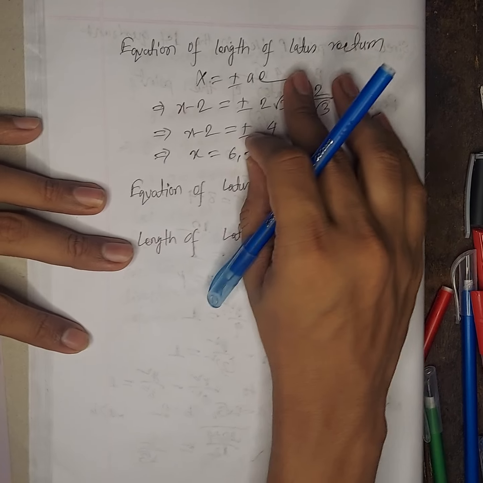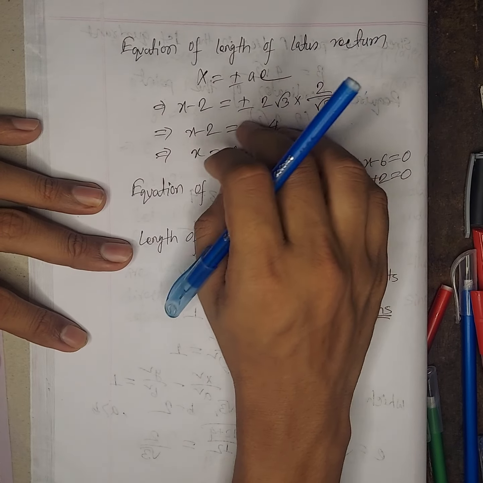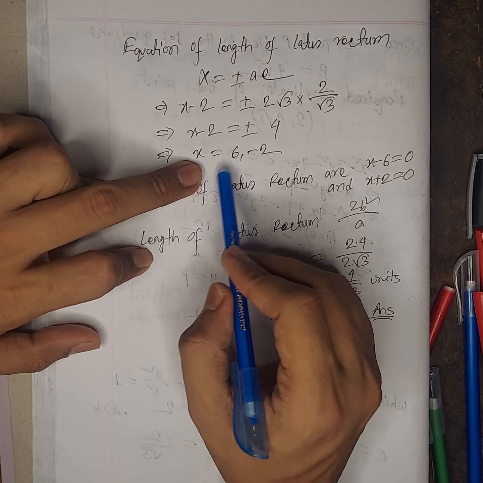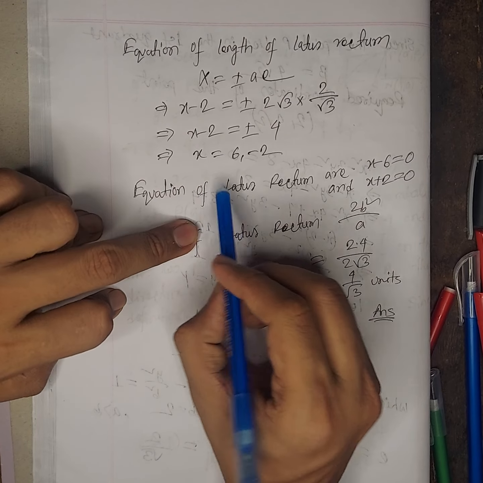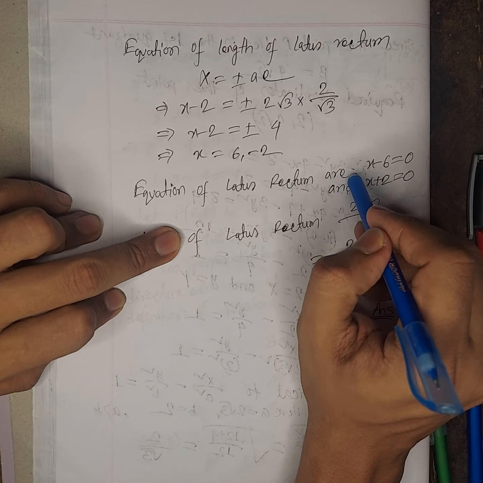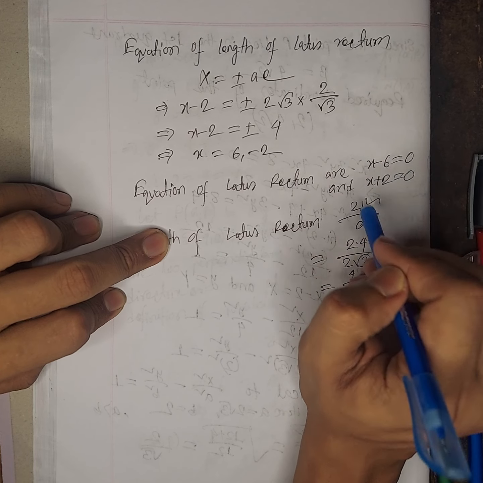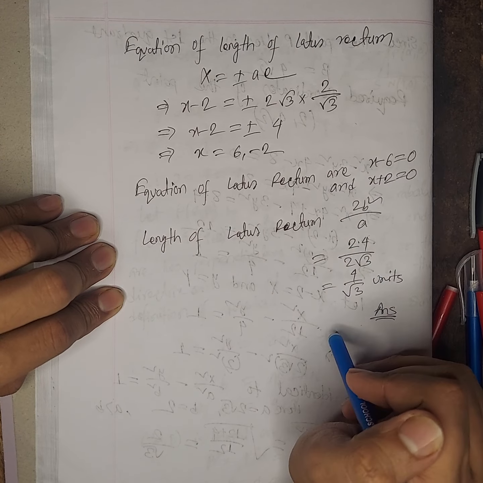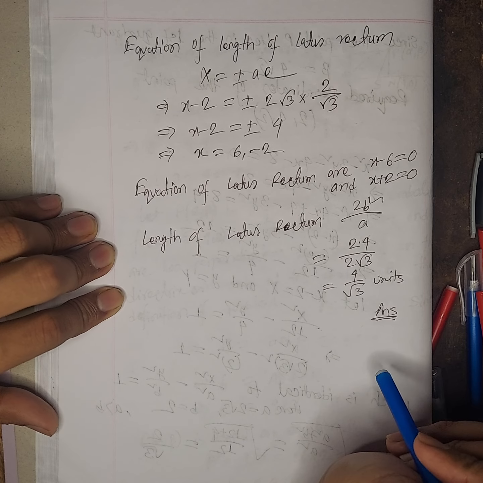Then the equations of the latus rectum are x equal to plus or minus ae. From there we get x equal to 6 and minus 2. The equations of the latus rectum are x minus 6 is equal to 0 and x plus 2 is equal to 0. So the length of the latus rectum is 2b squared by a, which is 4 by root 3 units.